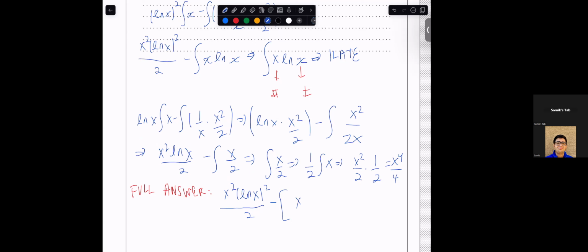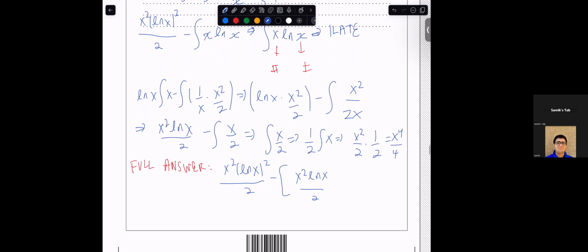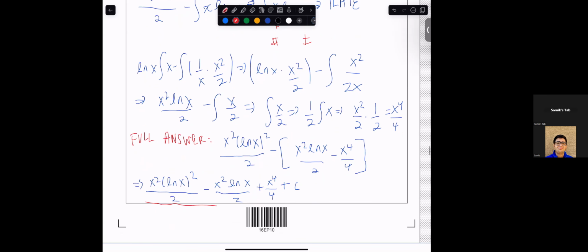Okay, x squared ln x upon 2 minus x to the power 4 upon 4. So this is now x squared ln x whole square upon 2 minus x squared ln x upon 2 plus x to the power 4 upon 4. Remember plus c because this is the indefinite integral. So this should be our answer.